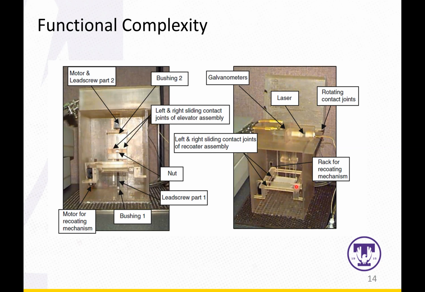And it's not just for appearance. It's not a dummy shape. It has motors, electronic devices, and also a laser here. And it achieves those component functionalities. So that is another uniqueness of additive manufacturing.